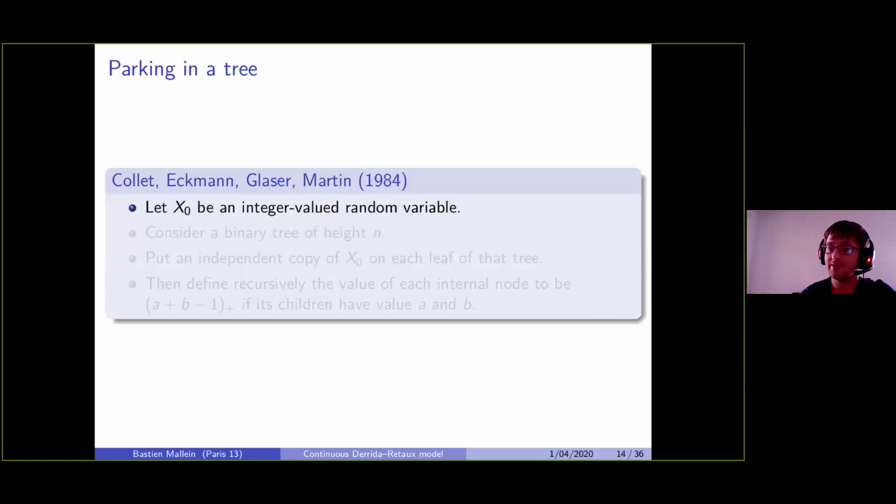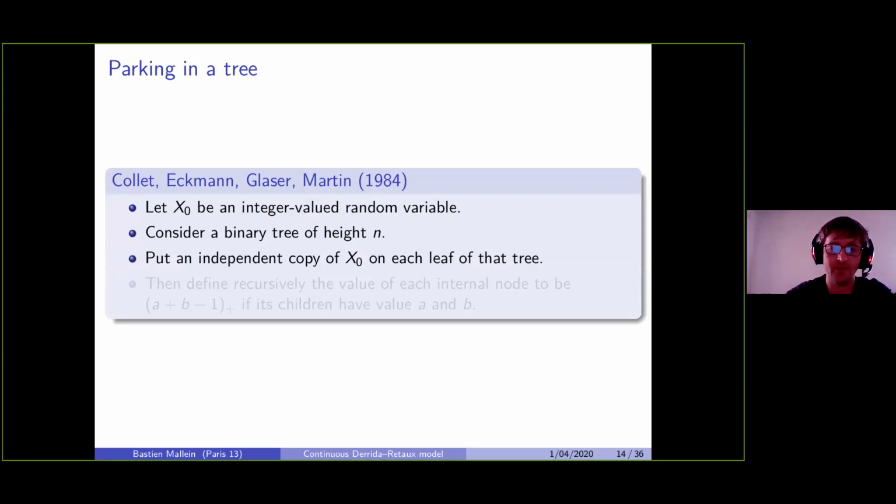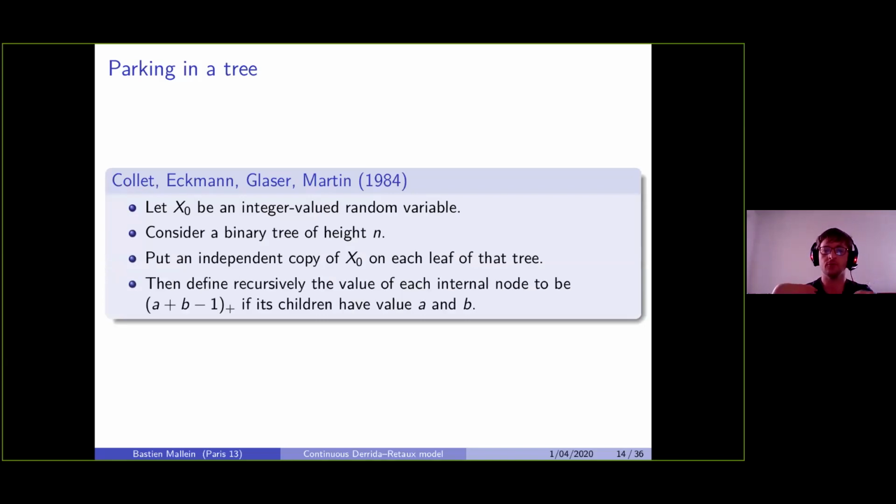If you do it on a tree, then you recover a previously studied model, the model studied by Collet, Eckmann, Glaser, and Martin, where they start with integer valued random variables. They consider a binary tree of height n, and put independent copies of x naught on every leaf of that tree, and define the values at internal nodes by taking the sum of the values on the 2 children, minus 1, and then you take the positive part.